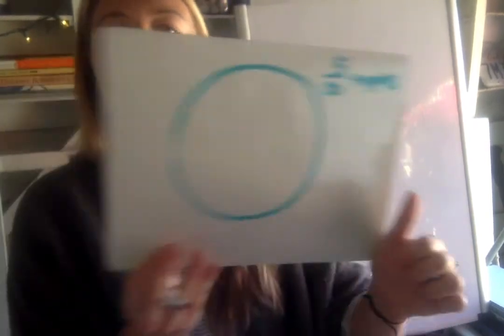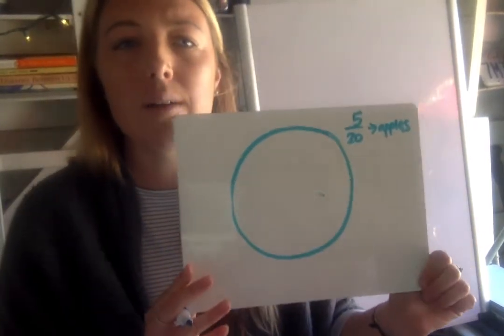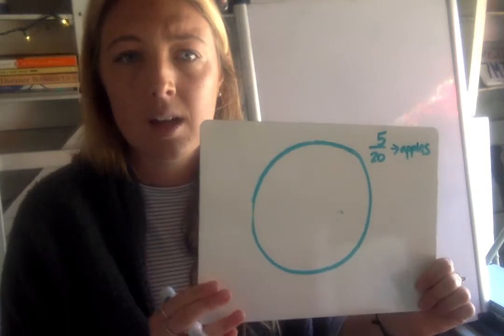But let's say out of those 20 students, 5 out of 20 students chose apples. Well, how can I represent 5 out of 20 students on a circle graph?